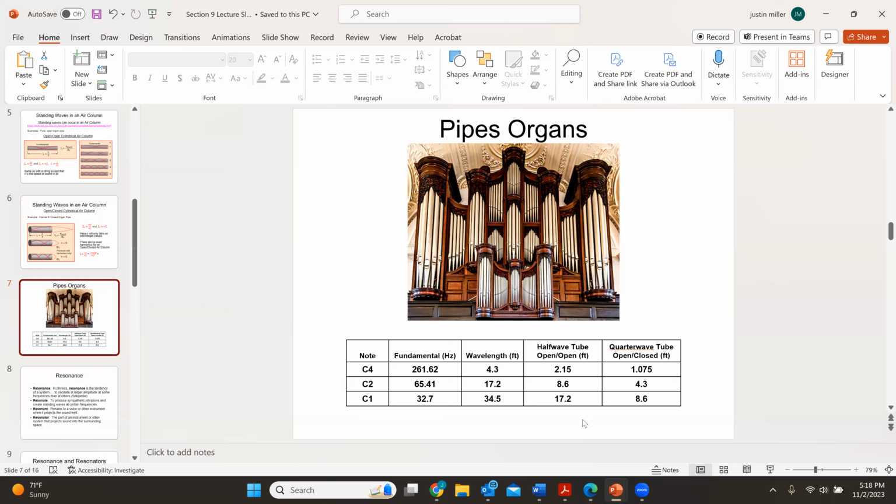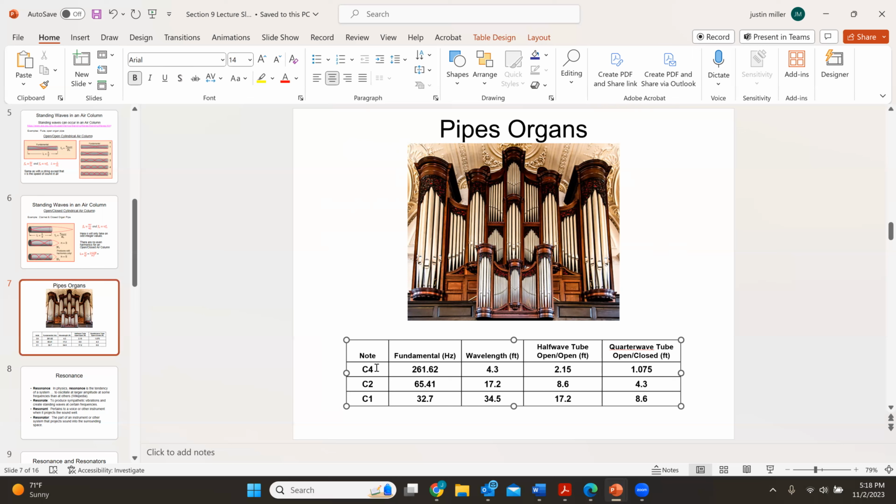In order to produce that with a half wave tube, you need a half wave tube that's 2.15 feet long. Whereas if you're going to do it with a quarter wave tube, you only need something that's 1.075 feet, which doesn't seem like that big of a difference, but really the half wave tube is 2 times the length of the quarter wave tube.